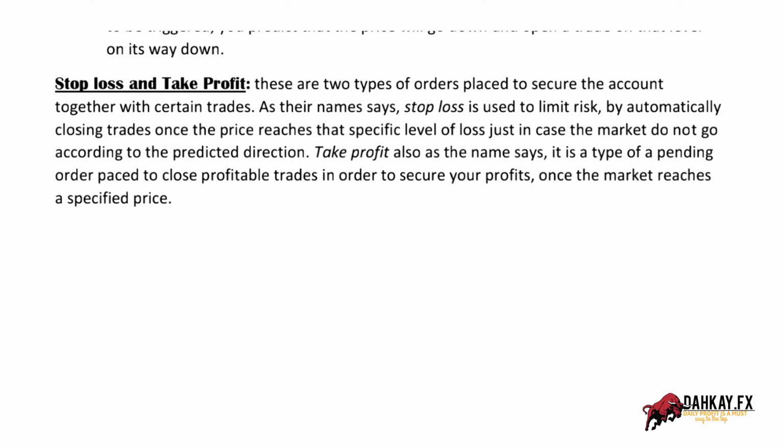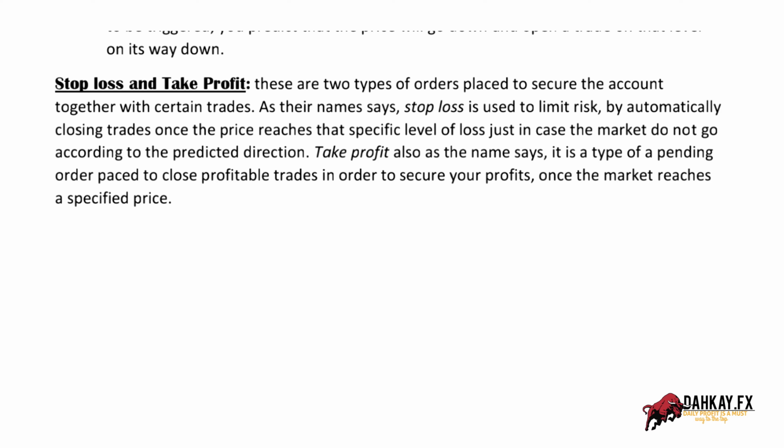So these are two types of orders placed to secure the account together with certain trades. As the name says, stop loss is used to limit risk by automatically closing trades once the price reaches a specific level of loss, just in case the market does not go according to the predicted direction.